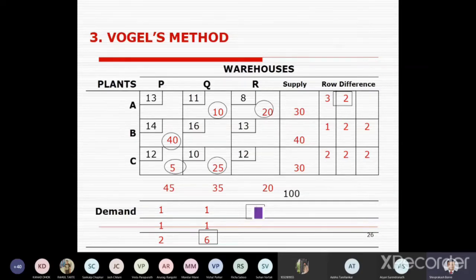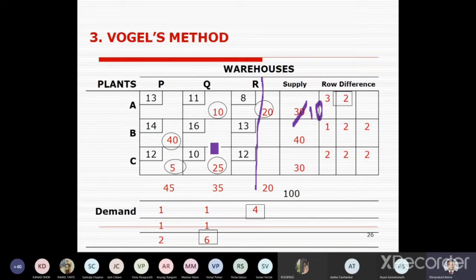Once 20 out of 20 units are allocated at warehouse R, the capacity of warehouse R is over, and out of this supply, the remaining 10 units for plant A are to be shifted. Now don't consider warehouse R for the next iteration, that is iteration number 2.